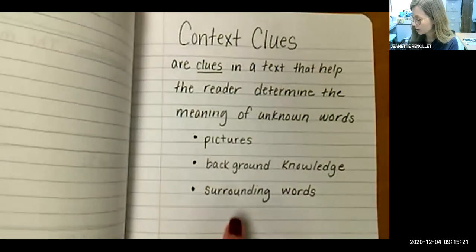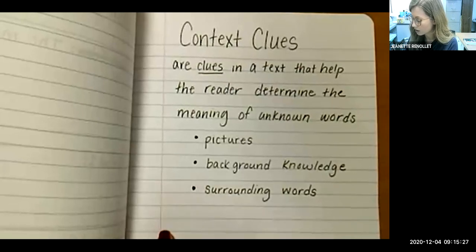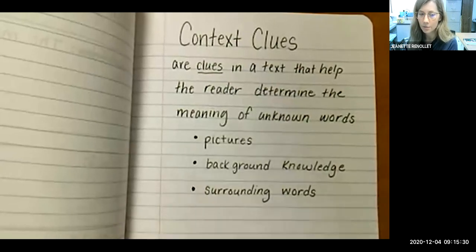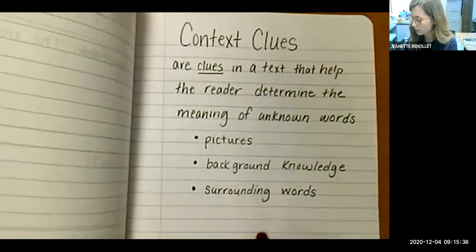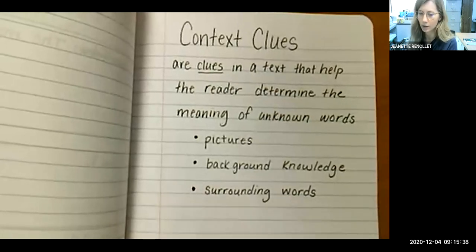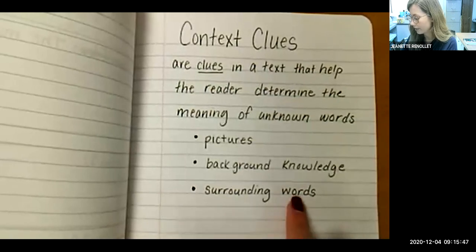That means other words that are around the word we don't know. Other words in the text that surround the unknown word. Authors give us clues using other words.